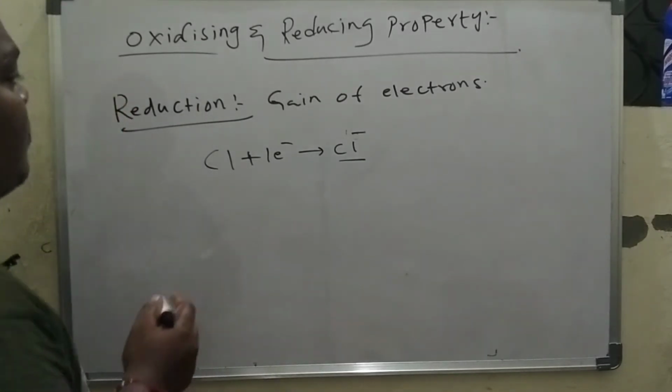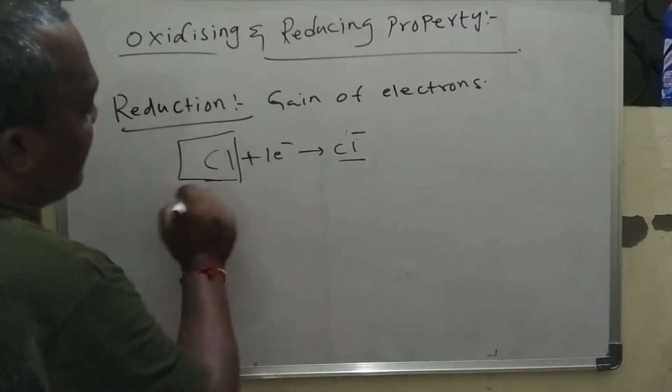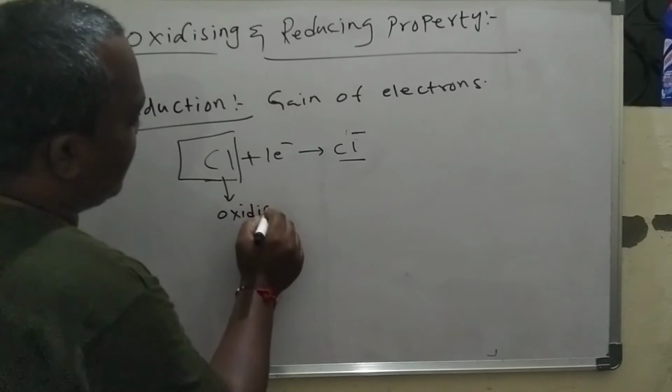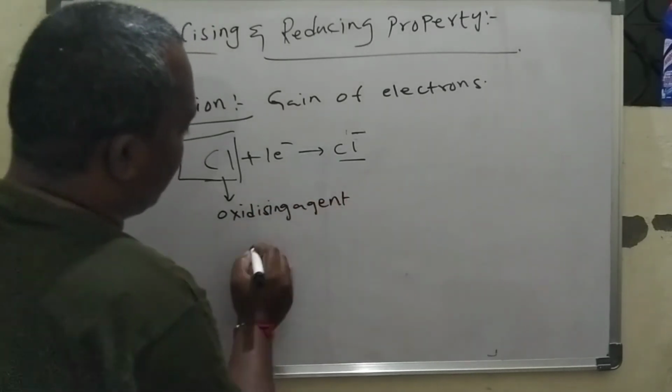So here the chlorine atom gains the electron, so we can call it an oxidizing agent or oxidant.